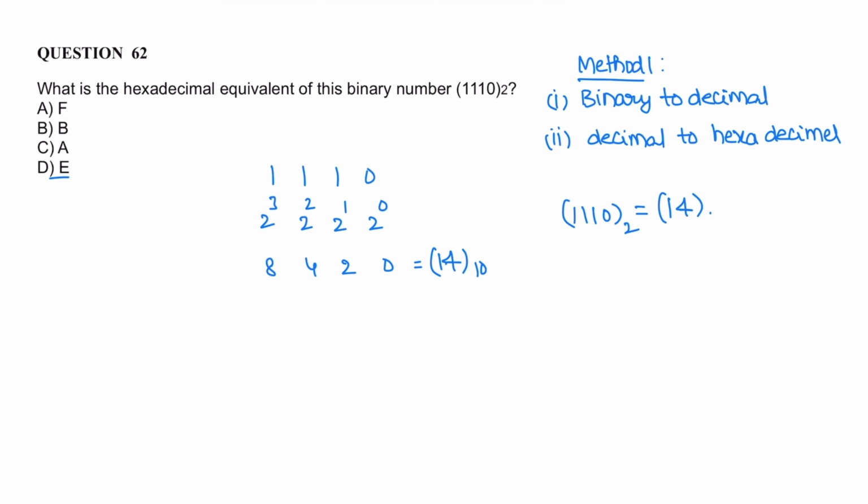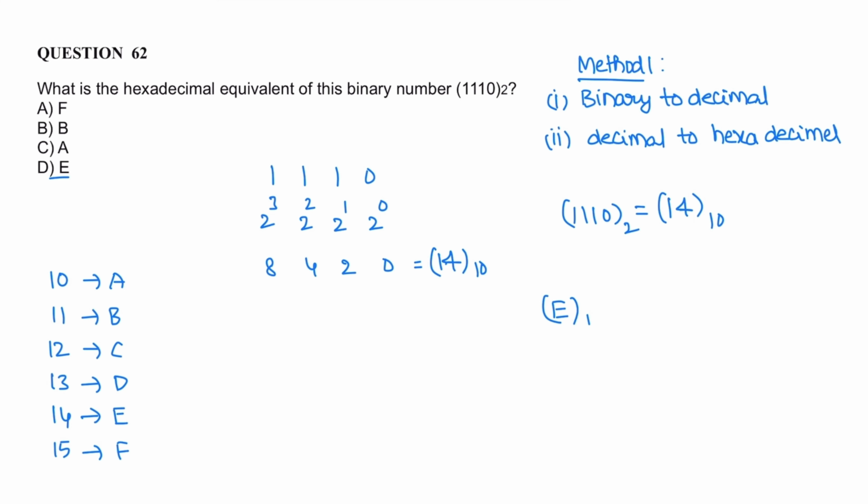In hexadecimal representation, decimal number 10 is represented with A, 11 with B, 12 with C, 13 with D, 14 with E, and 15 with F. So the number 14 is represented with E base 16.